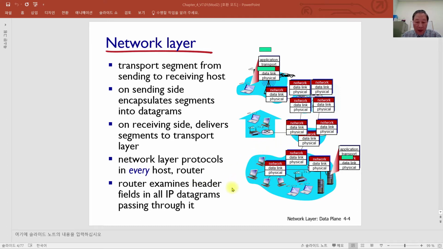And this router examines header fields in all IP datagrams passing through it, and delivers them to the appropriate destination.